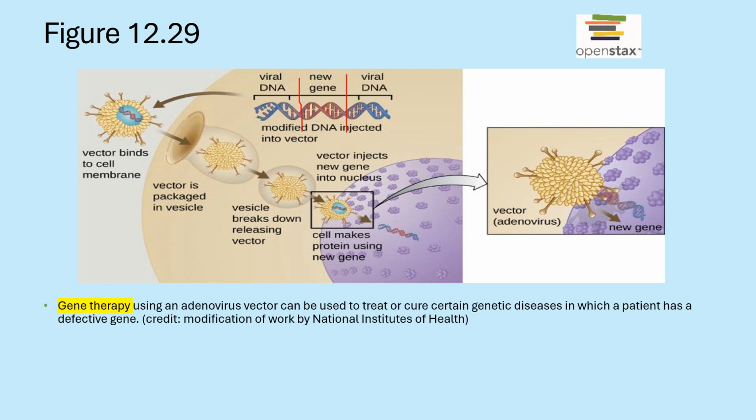So you put that in the virus, you introduce the virus into the cell, and then ultimately this DNA is going to make itself, as you can see here, into the cell. Here's the new gene, so now hopefully you're getting the proper functioning of whatever the situation is.